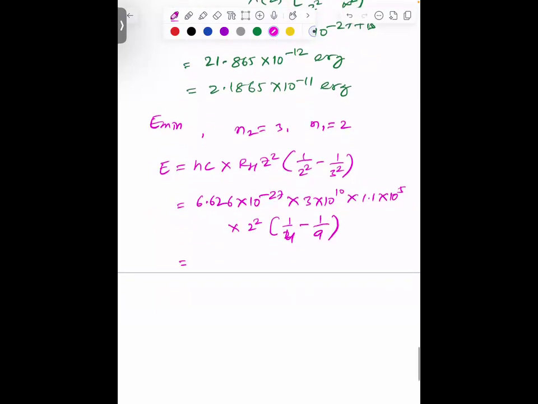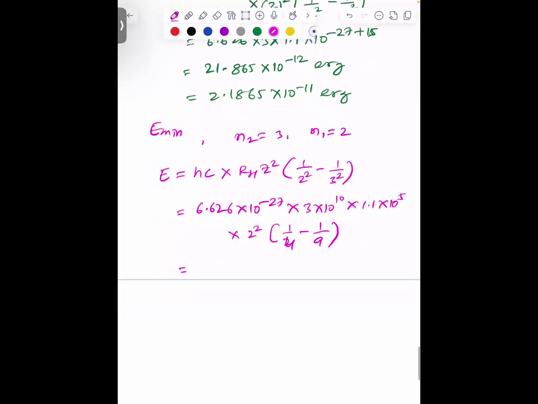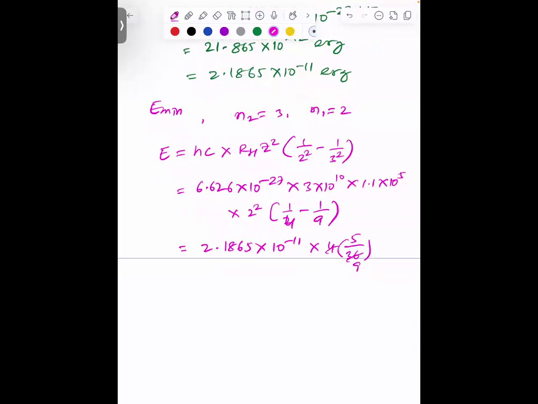Okay, students, you see how many factors we have already seen. So this is 2.1865 into 10 to the power minus 11 into 4 into 5 by 36, taking the LCM 36.